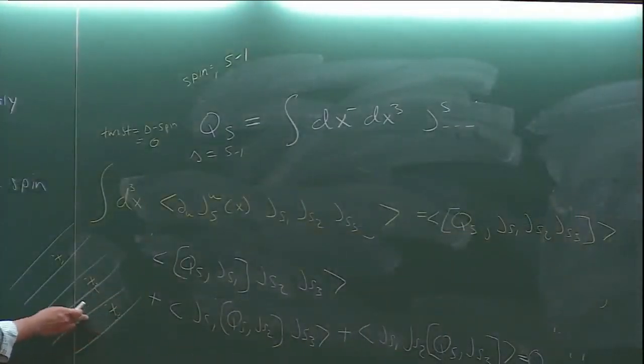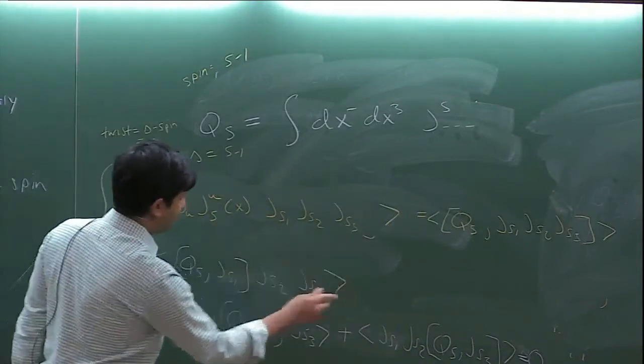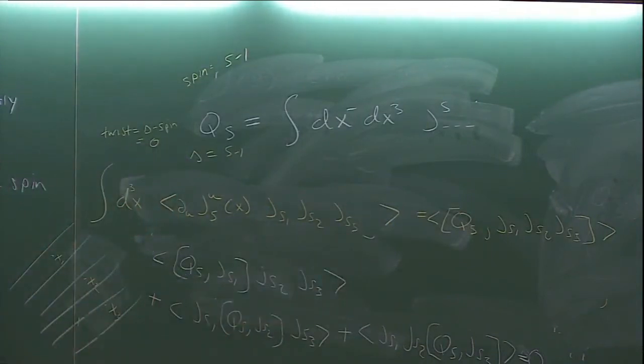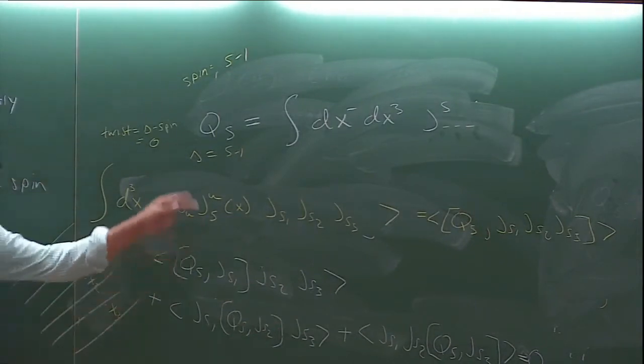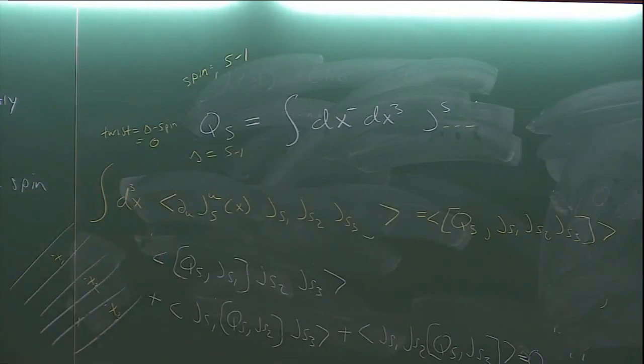Once you use the divergence theorem, what you get is literally the commutator of Q acting on JS1, JS2, JS3 when this is a time-ordered correlation function.